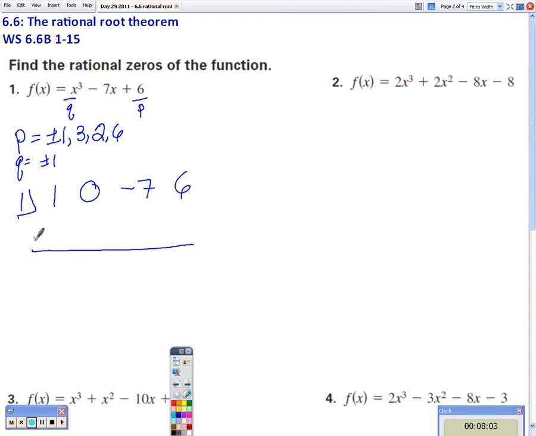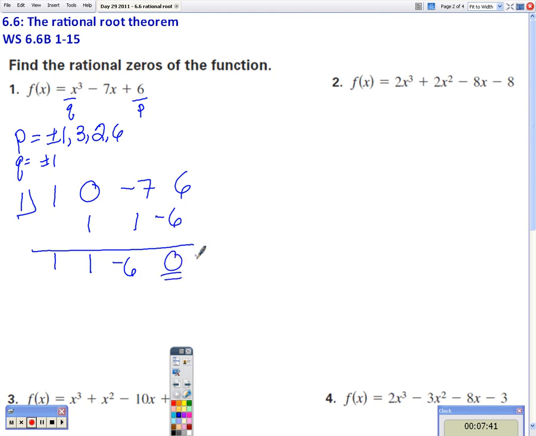Because there's no x squared in our original function, I need to hold the spot with the 0. So now I'm going to use synthetic division. Oops, that's supposed to be a negative 6. And then 0.